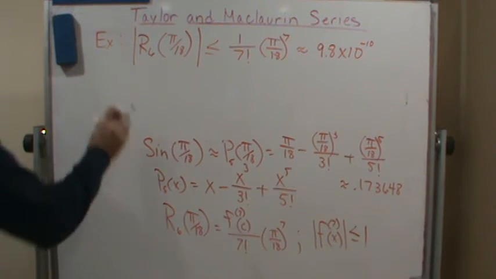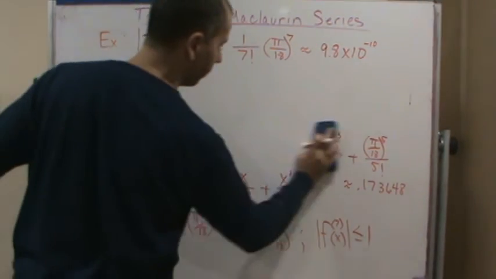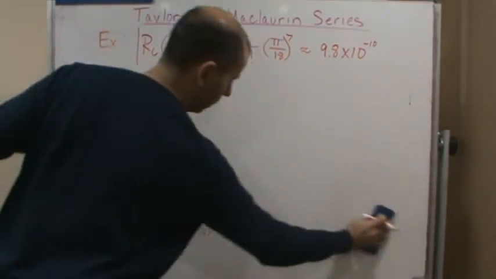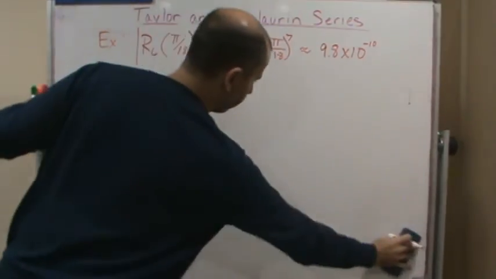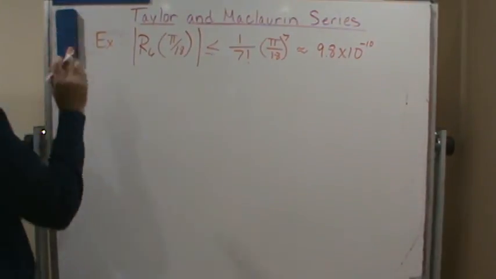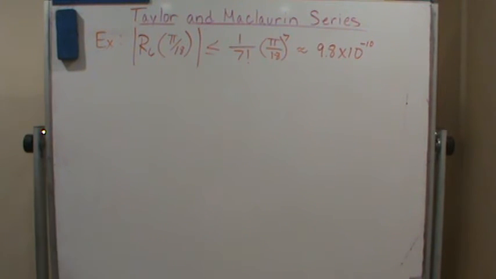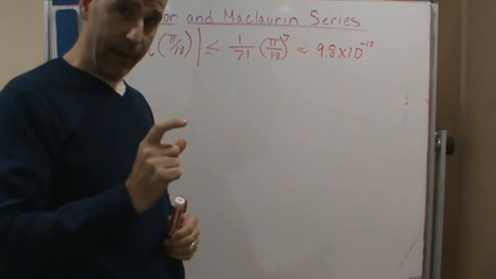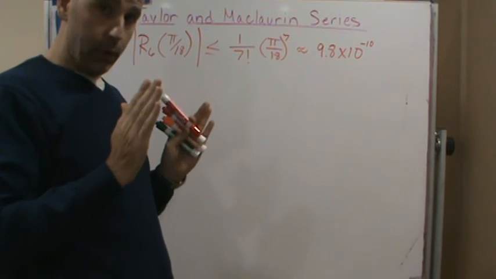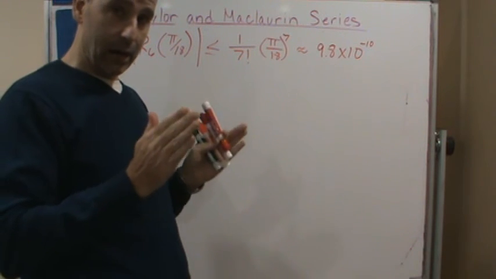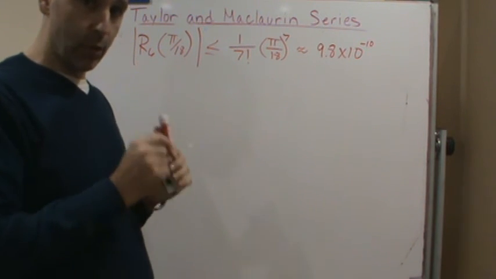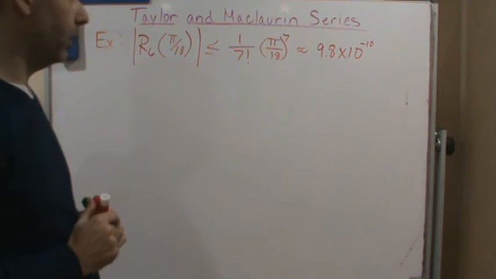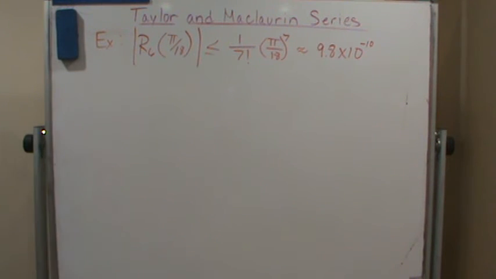So now what we want to do is use the fifth Maclaurin polynomial, and we want to know what x value will make sure that our estimate is within 0.0001 of the true answer.